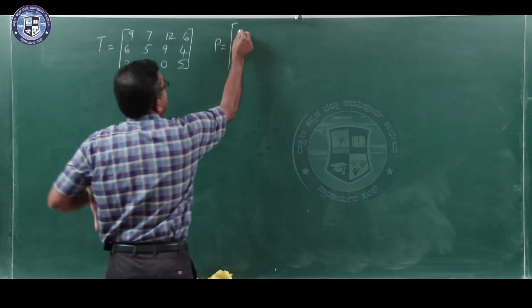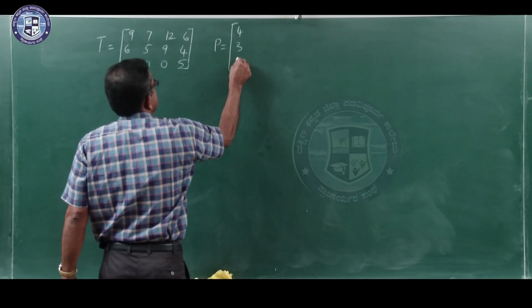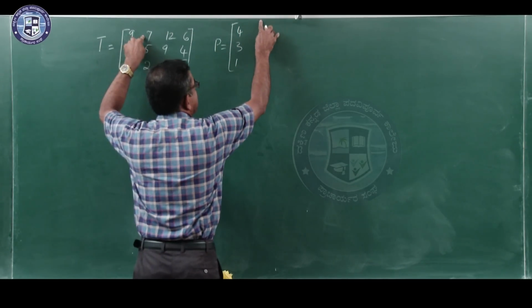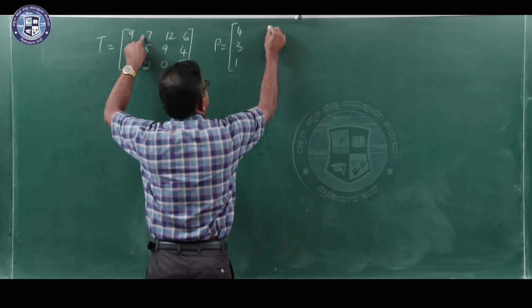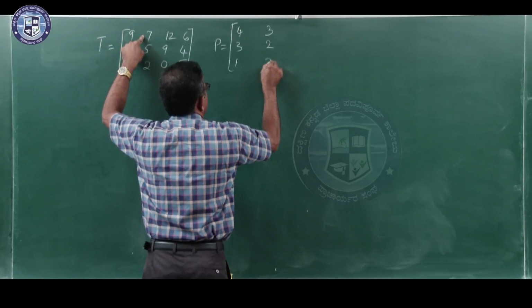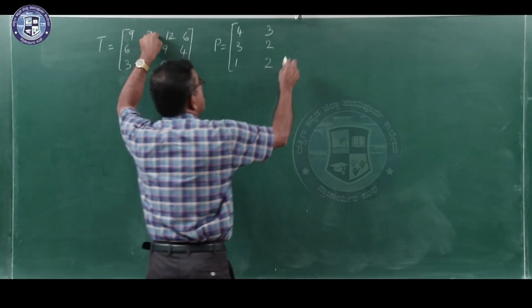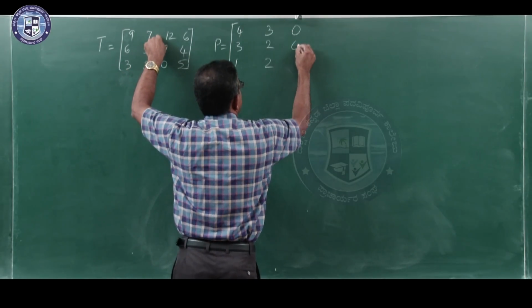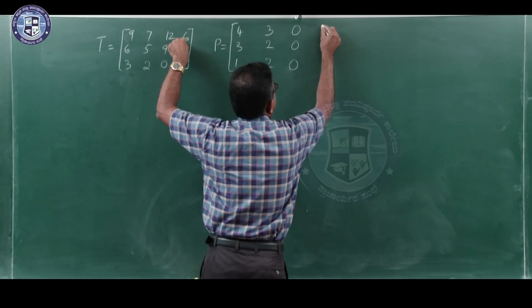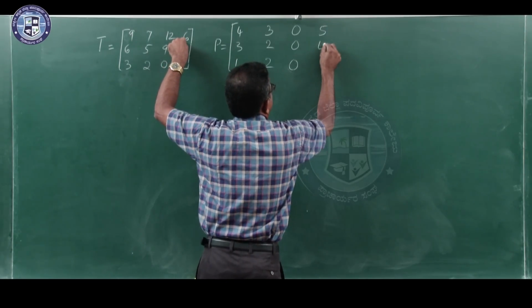Let me assume this is 4, this one is 3, and this one is 1. Now practical marks in chemistry: it is 3, 2, 2. There are no practicals in maths, therefore it has to be replaced by 0. And here I'll take biology practicals, say 5, 4, 3.